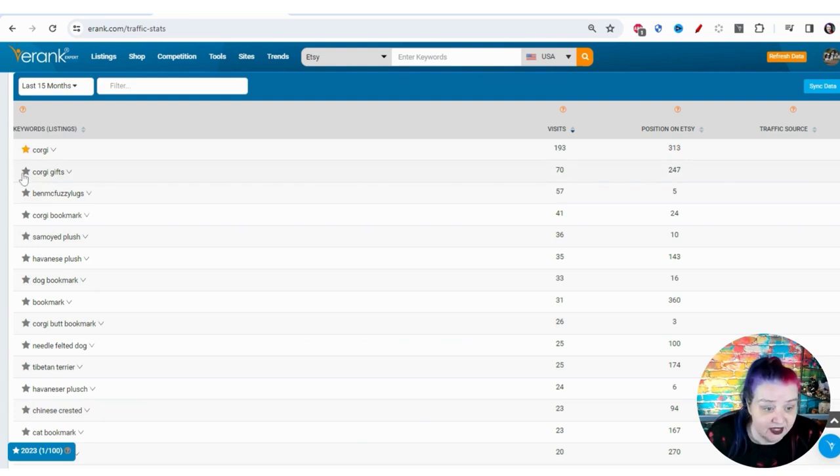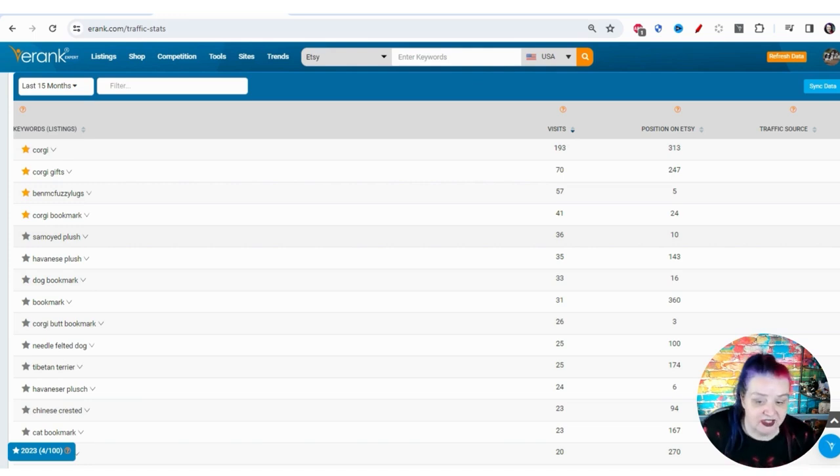There's no point in not having all of these good ones here, or as good as they get, the ones that have the most visits. Now, the way search engines work, over time you're going to have a lot of views come from lots of different random keywords.